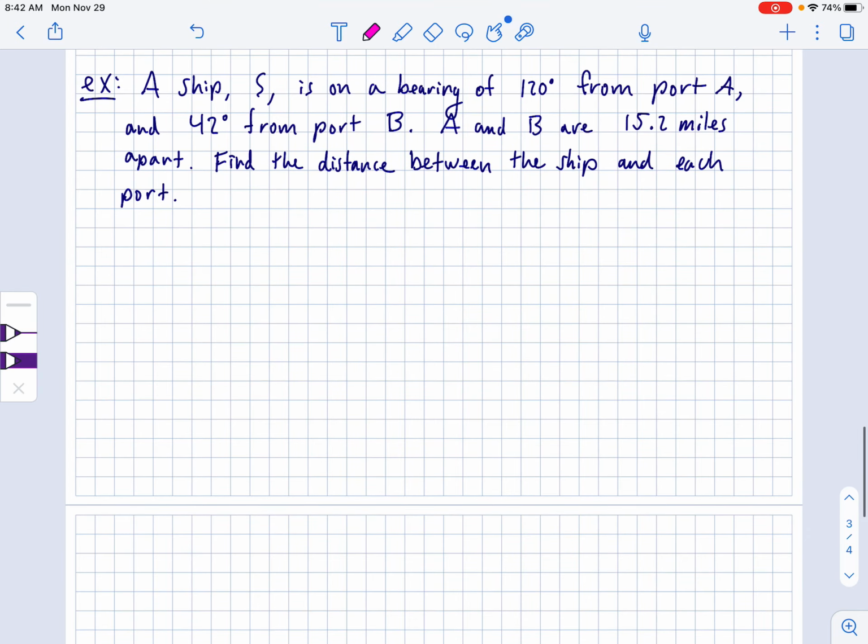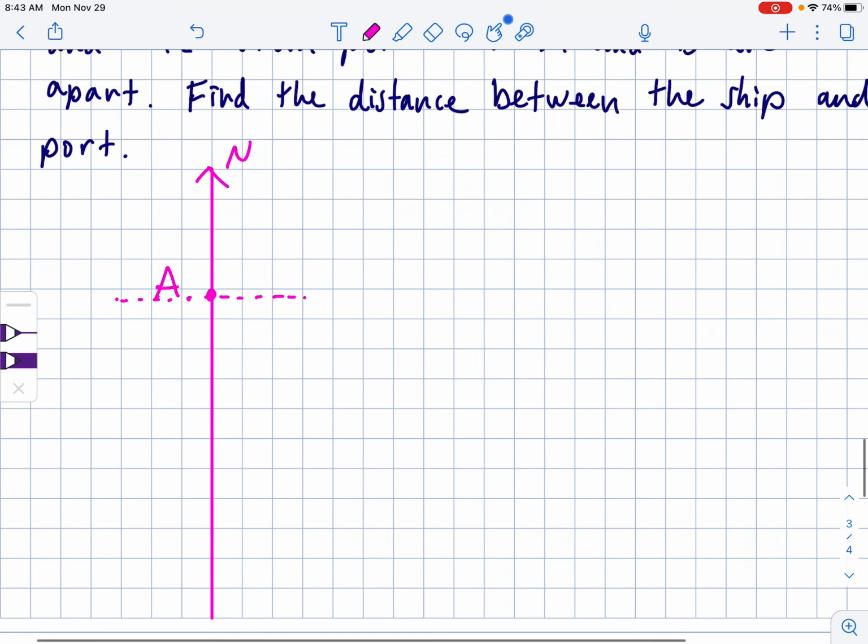So if we think of these ports basically on a straight line, where this is north, here's port A, and then the ship is 120 degrees from port A. So if you think of like a little compass rose right here, 120 degrees is going to be rotating 30 degrees past 90.